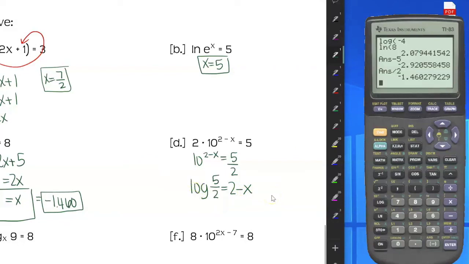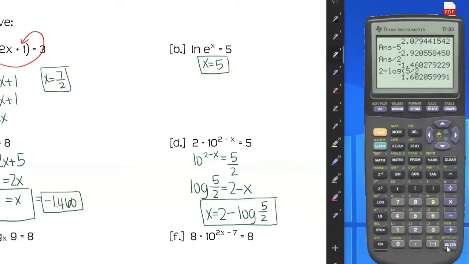Basically, those are going to get flip-flopped places. So this is equivalent to x equals 2 minus the log of 5/2. That's in simplest form. And on my calculator, 2 minus log 5/2 is approximately 1.602.